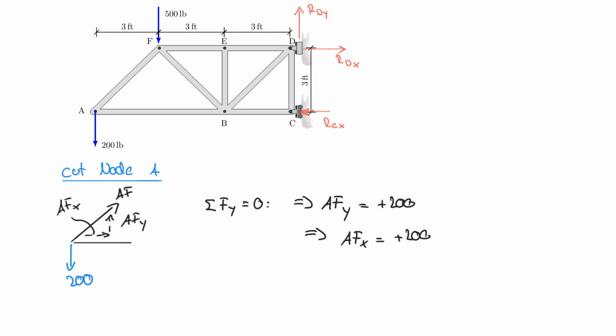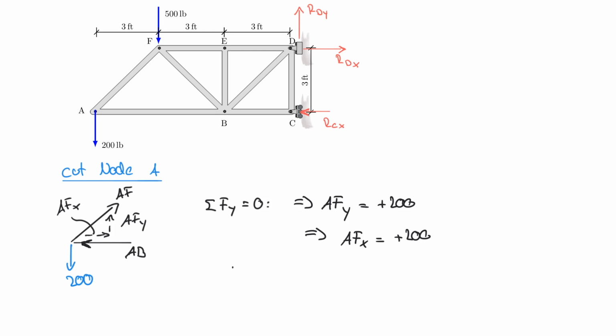And now I know that my 200 here is actually pulling to the right. And the only thing that can balance this is AB here. So let me include that. AB, of course, has to push in now. So I don't even assume it to be pulling away from the node. I know that AB and AFX are equal to 0. And so therefore AB is equal to 200.